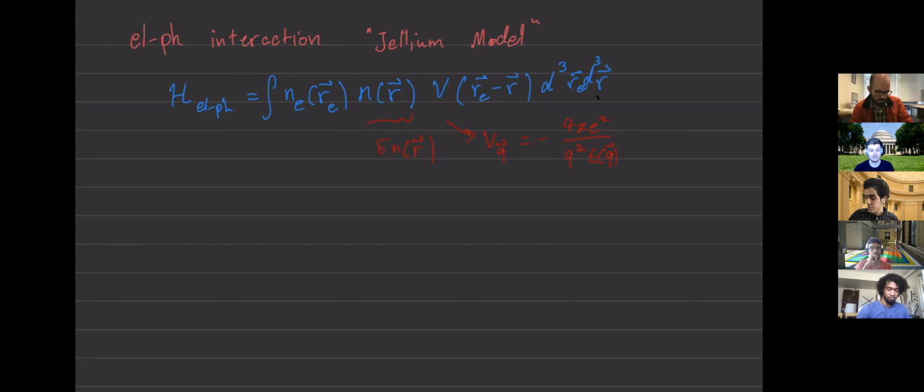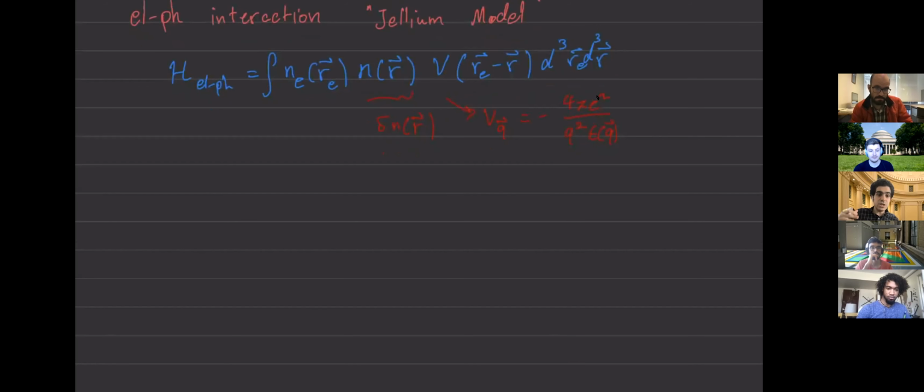And what the Jellium model will be is about this oscillation in the background charge, saying that instead of being focused on the atoms and seeing the atoms moving, we model the positive background as a uniform charge, a uniform field, and then we can describe this.